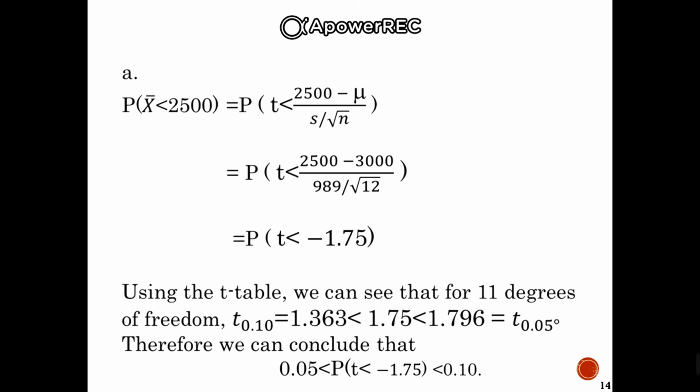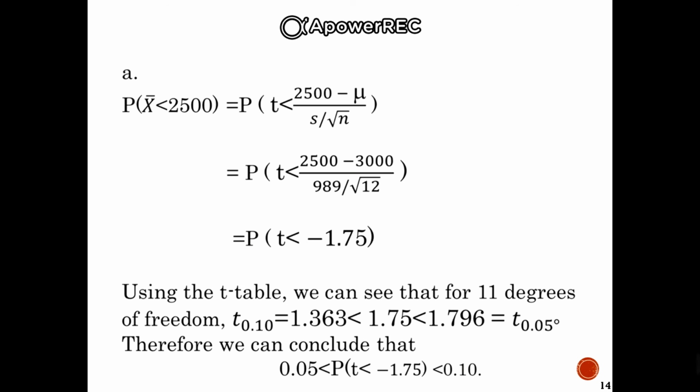Using the t table, we can see that for 11 degrees of freedom, t sub 0.10 is equal to 1.363, which is less than 1.75, which is less than 1.796, equal to t sub 0.05.